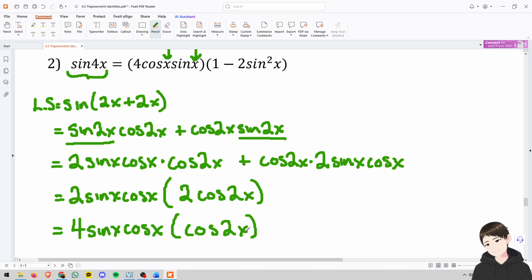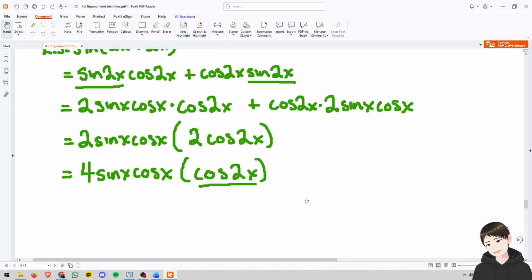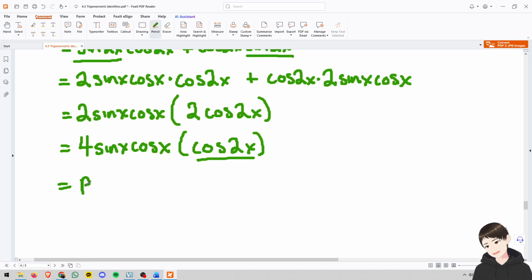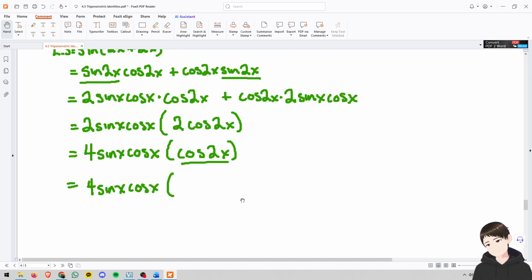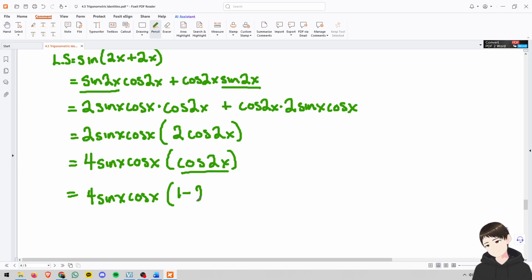Cos 2x, what identity do I know that changes a cos double angle into a single angle? Well, if you look at your formula sheet, you might notice this is literally that. So we have the right side, using my double angle formula, this becomes 1 minus 2 sine squared x.